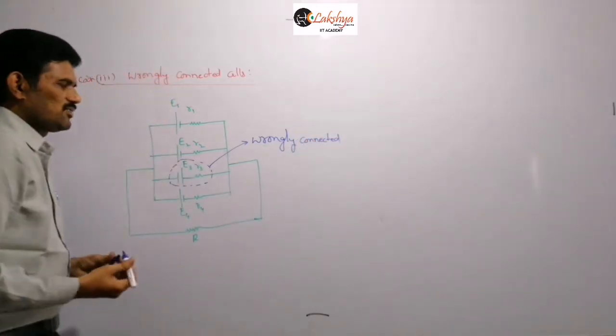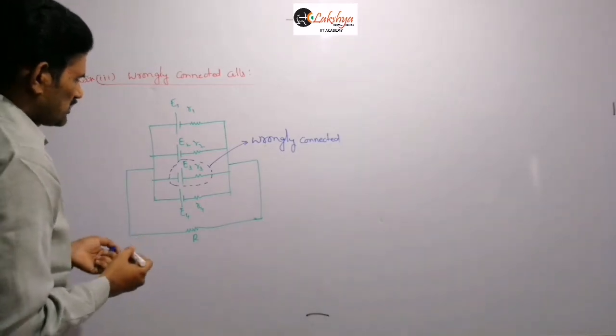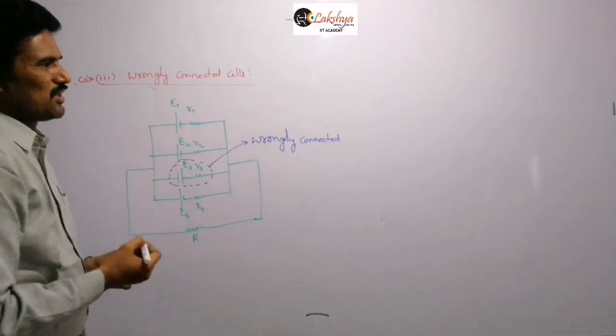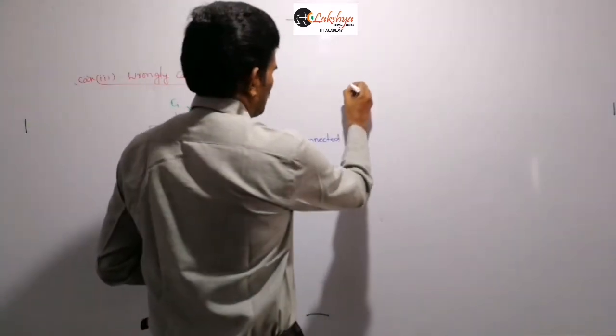So that cell will be wrongly connected. Then suppose we need to write the total current or the EMF here. I am writing the effective EMF.